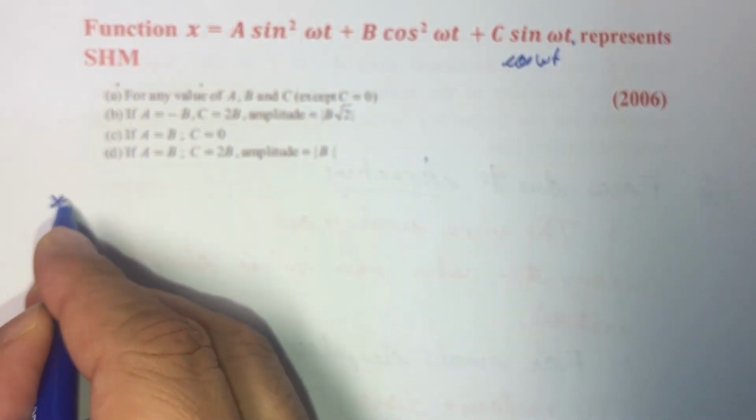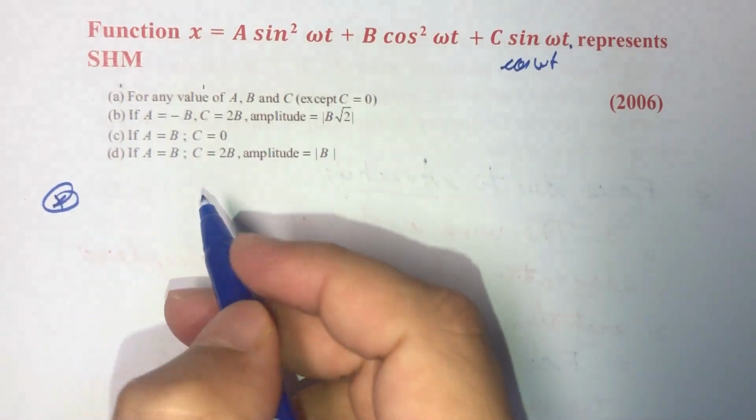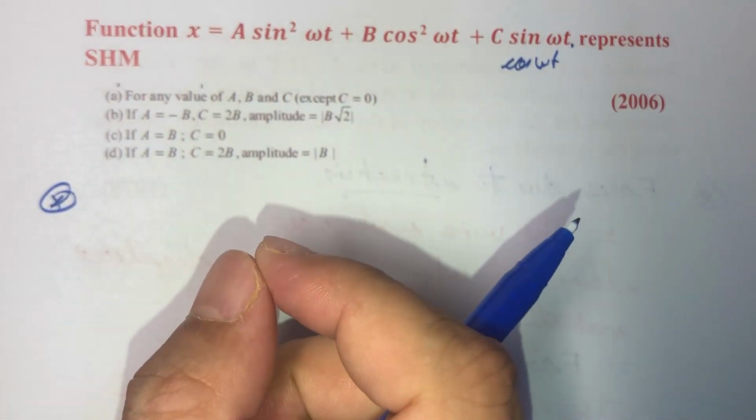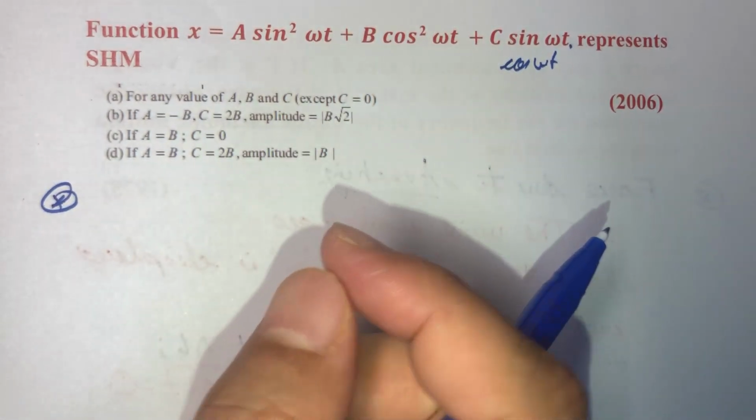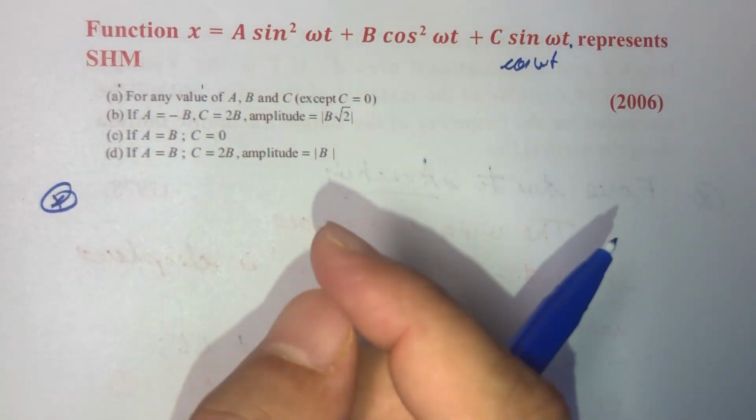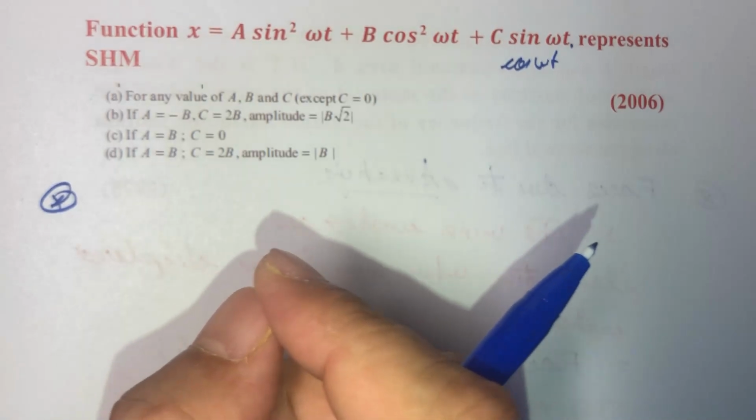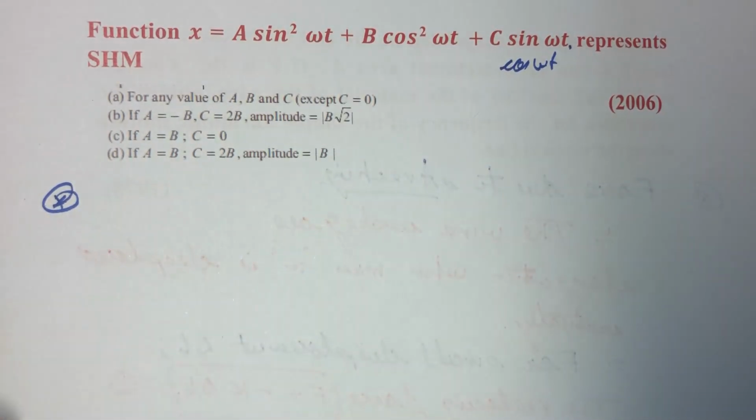And so we know that for representing an SHM, whether it is in sine form or in cos form, all these should be in linear powers.